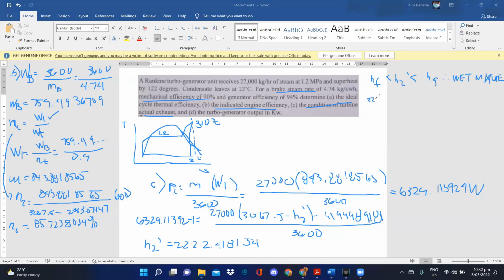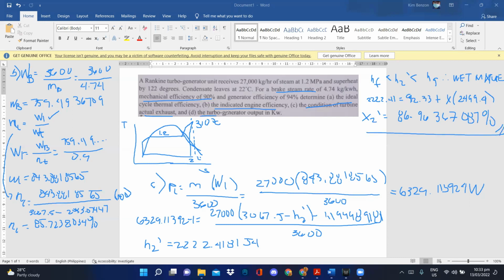So we have 222.41 equals HF, which is equivalent to yung kinuha natin kanina na HF 92.33 plus X HFG 2499.4, which your H2 prime is equivalent to 86.96, 36.7087%.